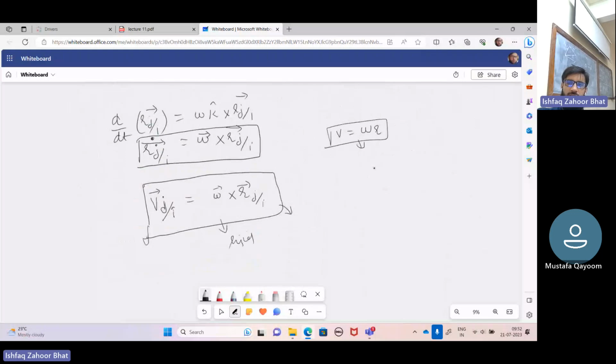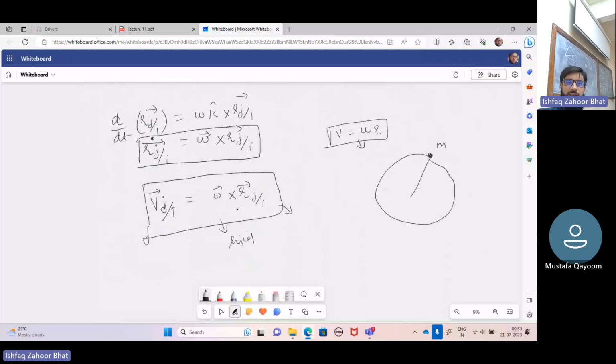When you solve V equal to omega r, you solve it for a mass which is moving. The mass is a point object, so there is no rotation associated with it. There is no omega. I can give you this as your homework. Then why are we using this equation?